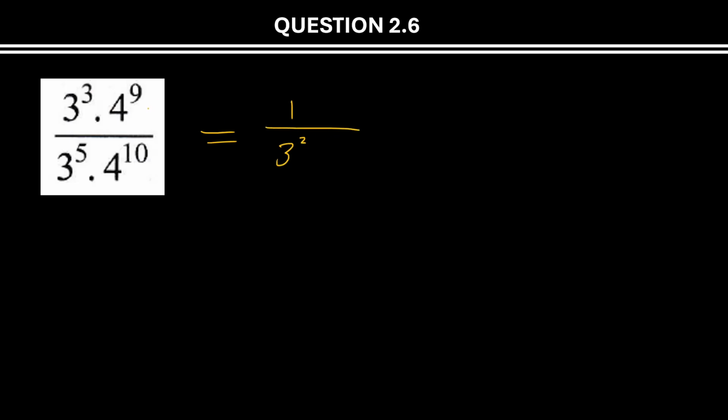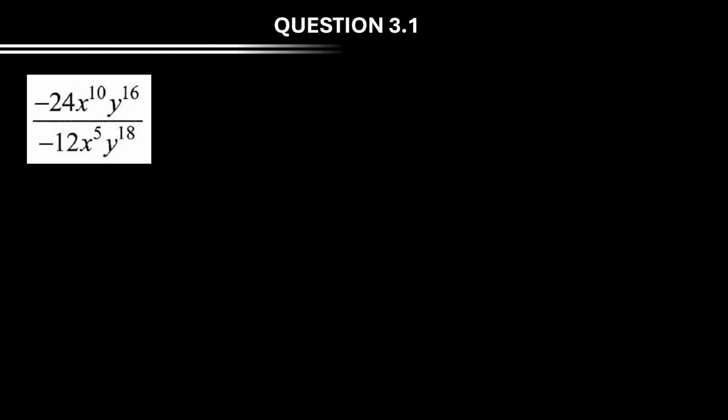And if you have 9 fours at the top and 10 fours at the bottom, you'll be left with 1 four at the bottom. Again, we can say this is 1 over 9 times 4, and that gives us 36. So 1 over 36.